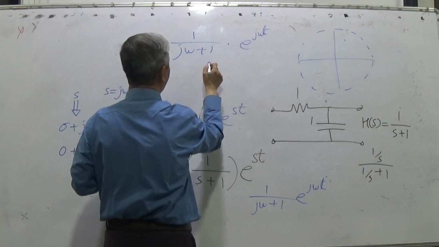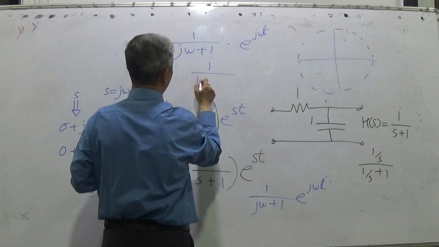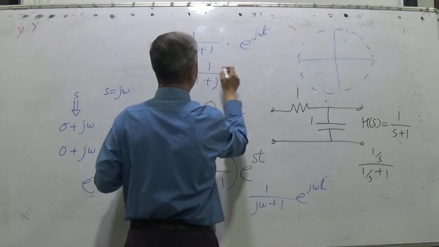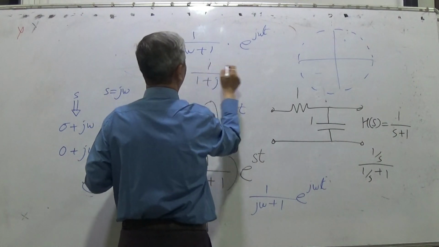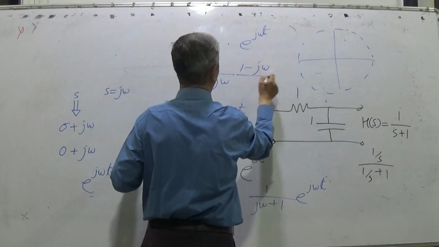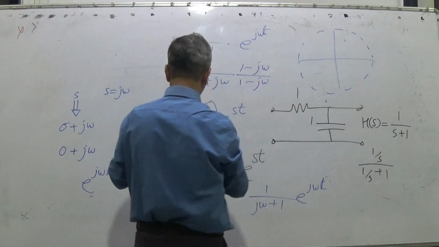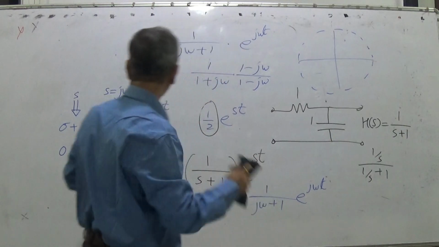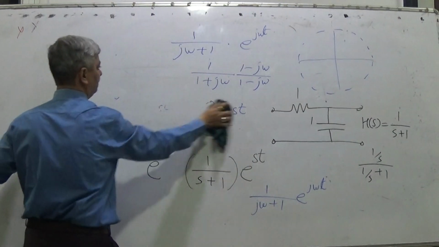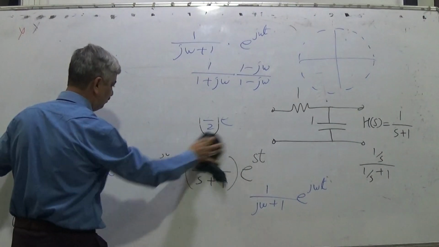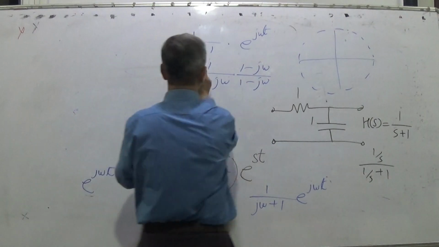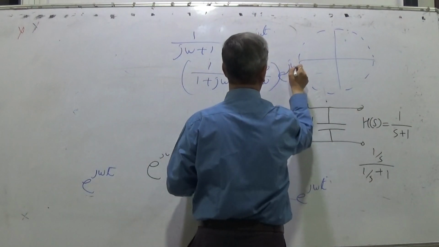So we write 1 upon 1 plus j omega, multiply by 1 minus j omega at both places. So what would it be? Output is this into e raised to j omega t.